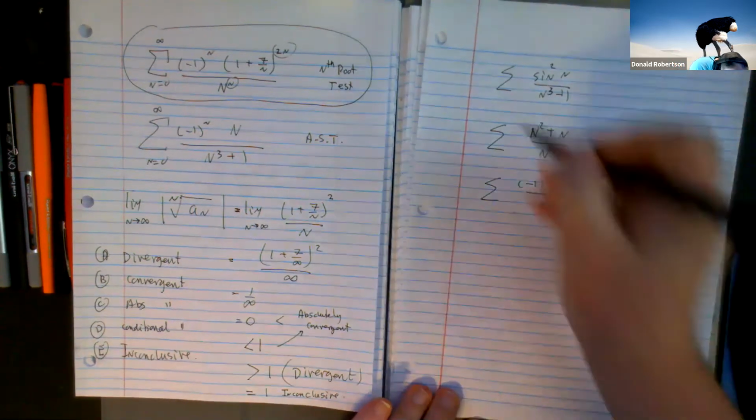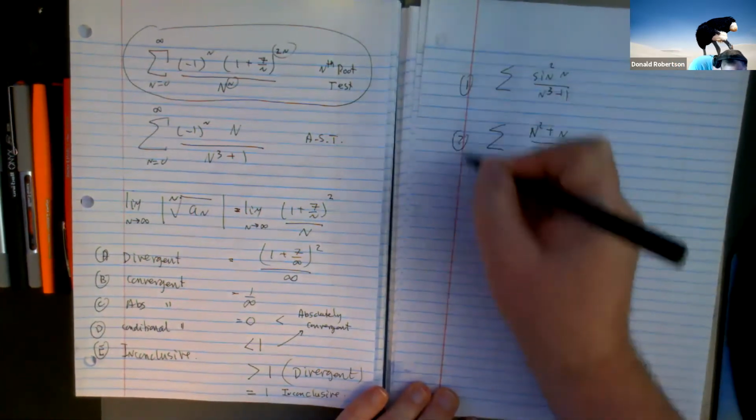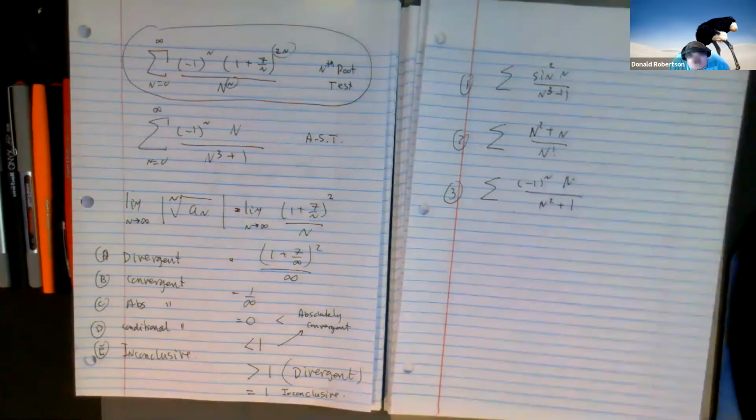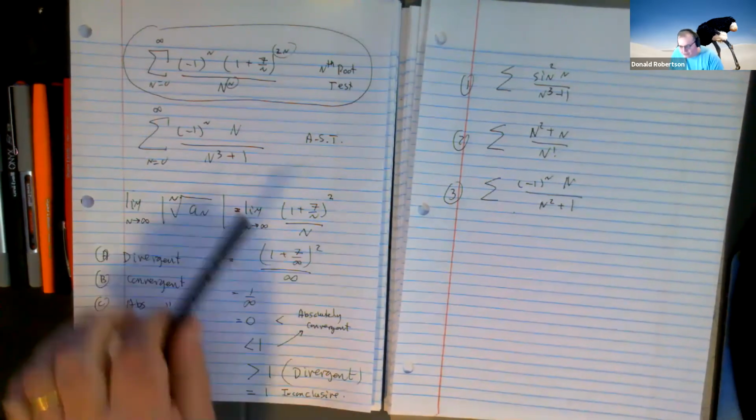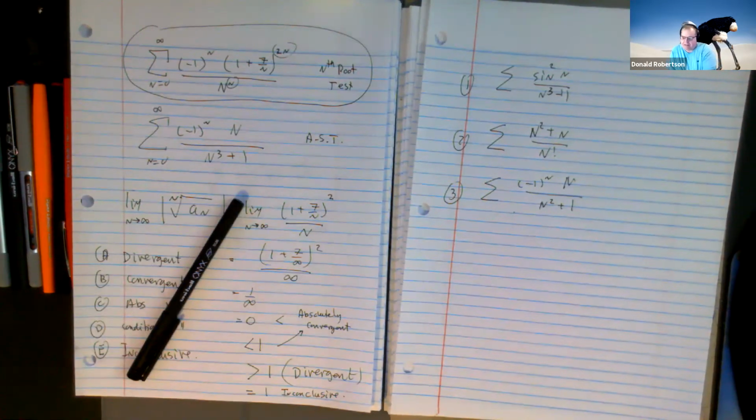I'll call them number 1, number 2, number 3. Which one of those 3 series would be a ratio test situation? Which one of those 3 would you use a ratio test on?